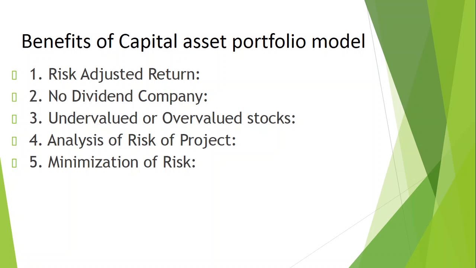The other one is undervalued or overvalued stocks. The capital asset portfolio model is not only an academic model, it can be put to practical use to decide whether one should buy, sell, or hold shares by comparing the required rate of return with the expected return.